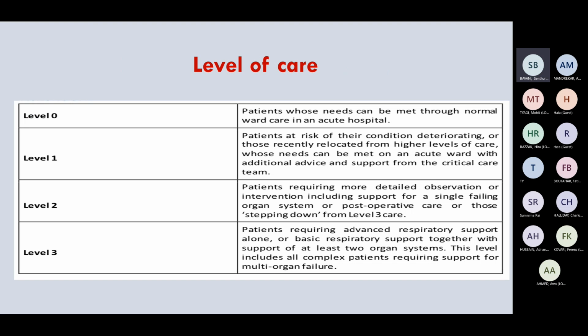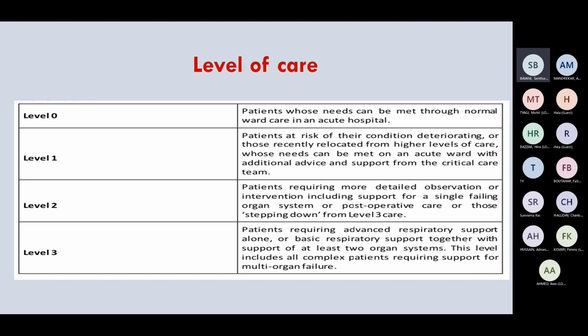What are the levels of care? We can divide it into level 0, 1, 2, 3. What do you mean by level 0? It is normal ward care in an acute hospital. Level 1 is in the acute ward setup, where they can get additional advice and support from the critical care team.